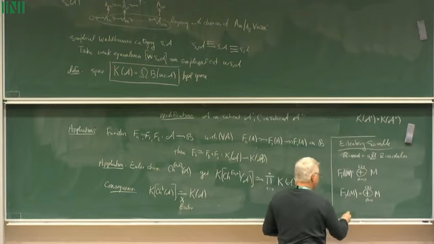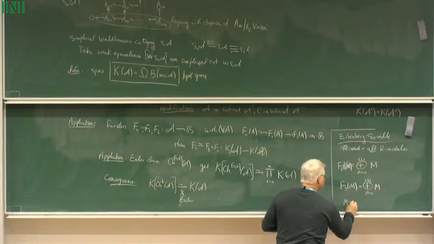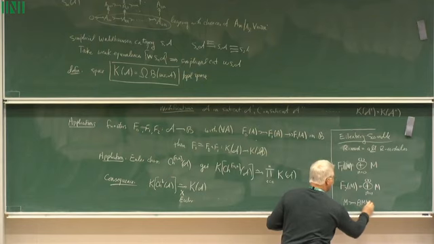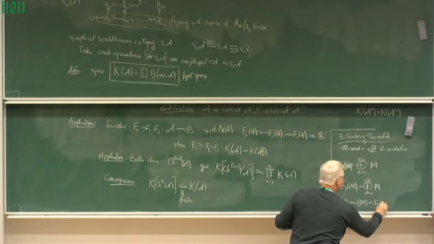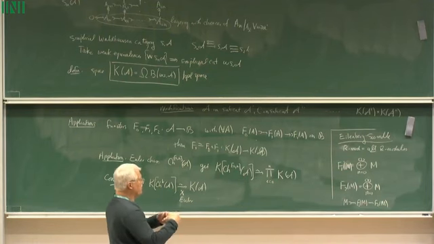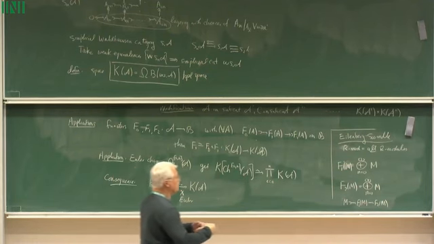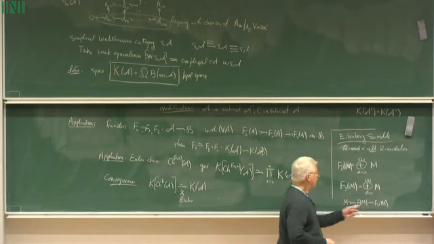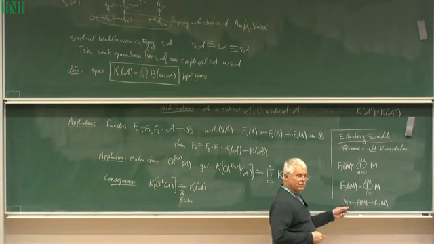Then I have a natural exact sequence which takes the direct sum from 0 to infinity and just projects onto the sum from 1 to infinity, and the co-kernel is just the initial copy of M.